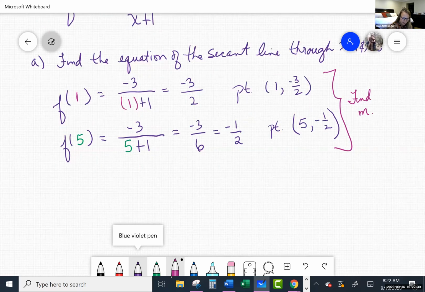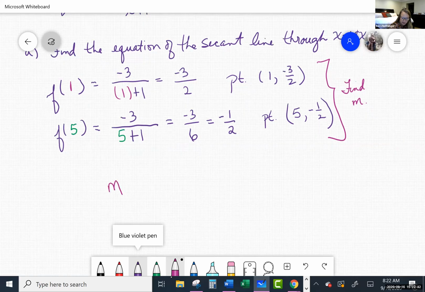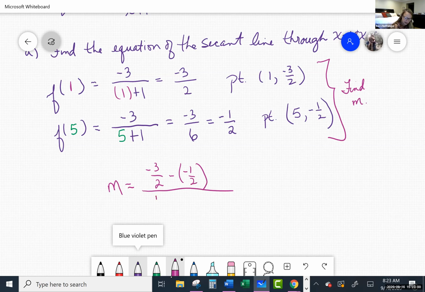So our slope is equal to the change in our y value, so -3/2 minus this other y value, which is -1/2, all over the change in my x value. I started with the -3/2 point on the top, so I have to start with 1 for my x value in the denominator, so 1 minus 5.